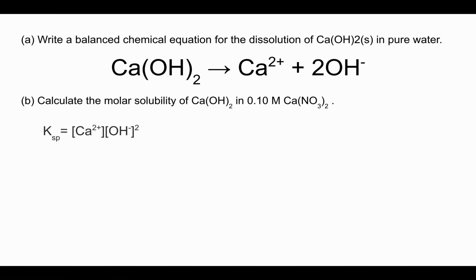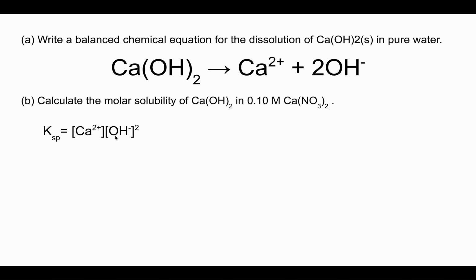Alright, so first we set up a solubility equilibrium expression. And in this expression we include the 2 products because the reactant is a solid. So we include those 2 products, which are calcium 2+, of which there's only 1, so you just write the concentration like that right there.